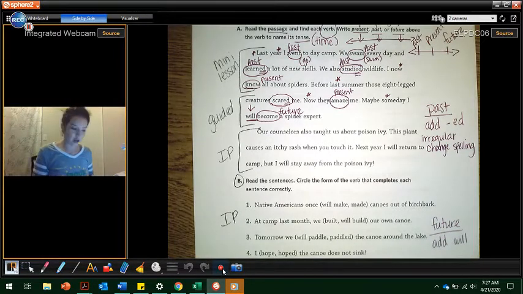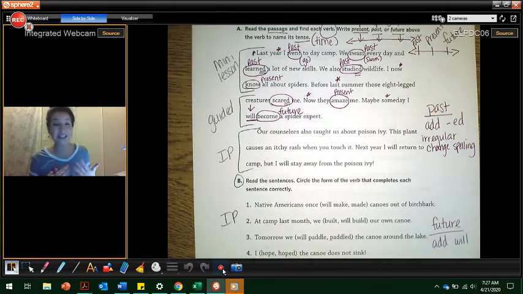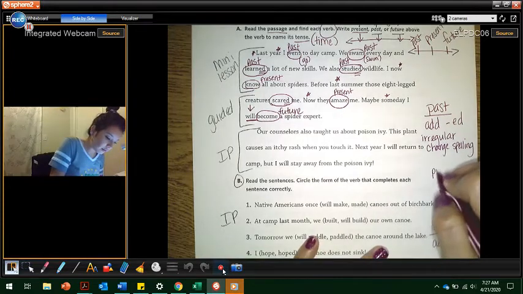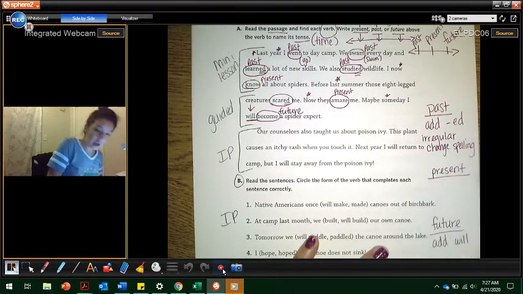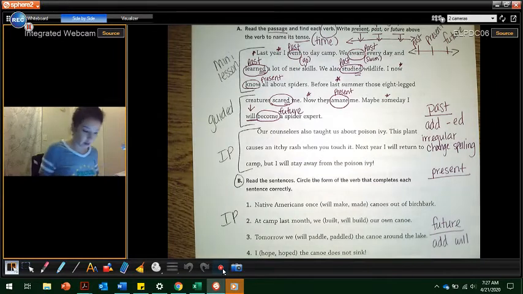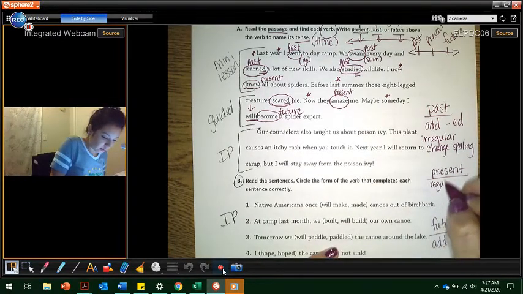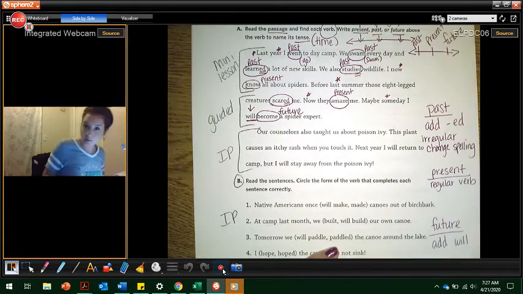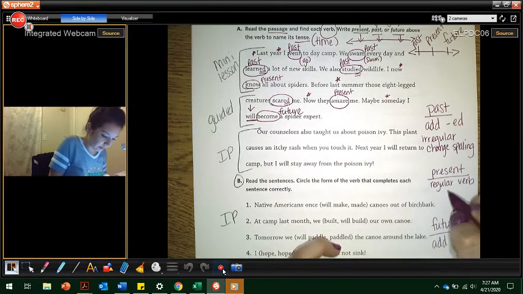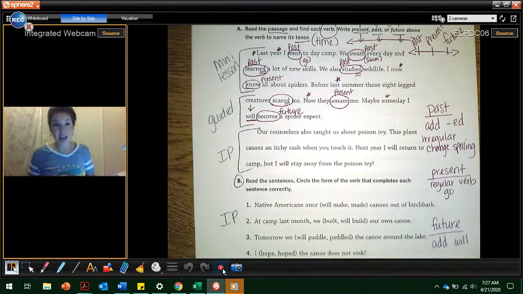Okay? So we have past and we have future. We have key things that we can notice or we need to add to our action verbs to show the new tense of past or future. Now in present, it's a regular verb. It stays the same. So we have our regular verb like go, right? Sometimes we have to add an S. For example, I can't say she go to the store every day.